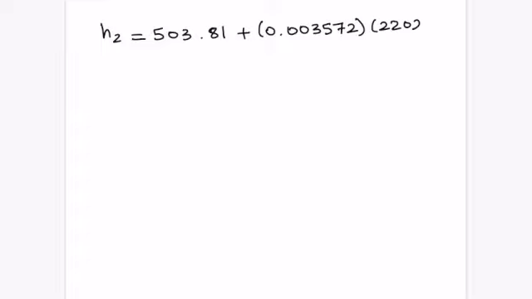Once you figure out what the quality is, now you can calculate what H2 is, which is equal to 511.7 kilojoule per kilogram.